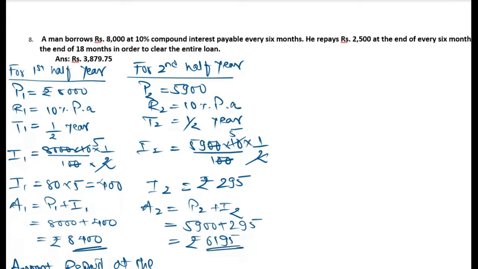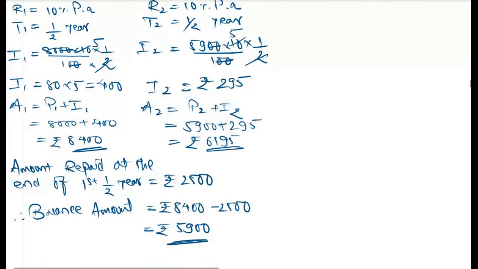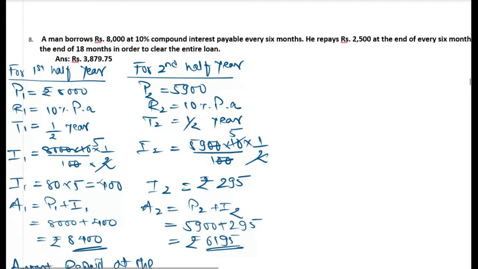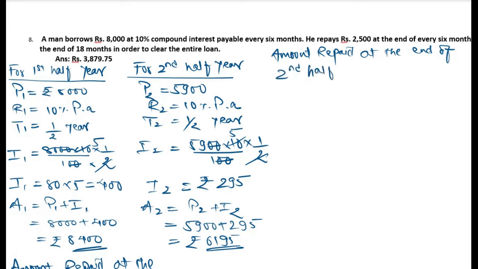So this is the amount at the end of the second half year, but he is also making some repayment. Let's mention it over here. Amount repaid at the end of second half year is equal to 2,500.